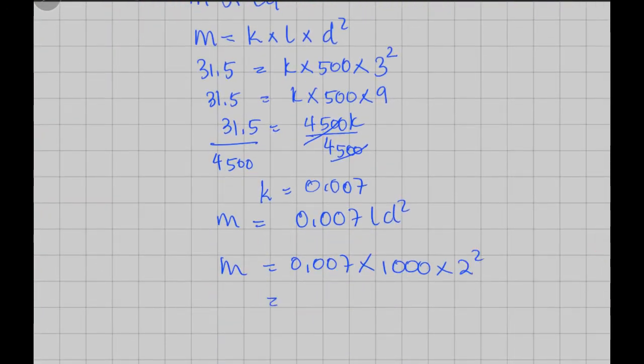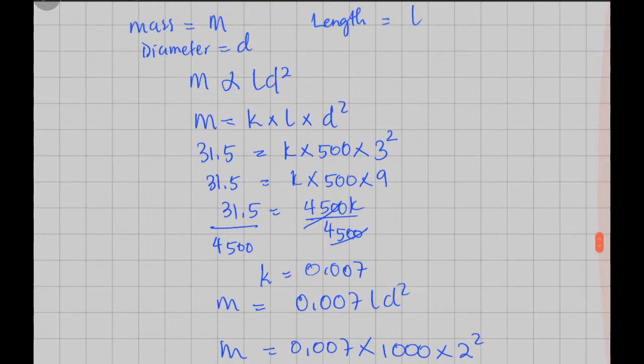Go into your calculator and type 0.007 times 1000 times 2 squared, which is 4. So we get our mass of 28 kilograms. This will be our answer.